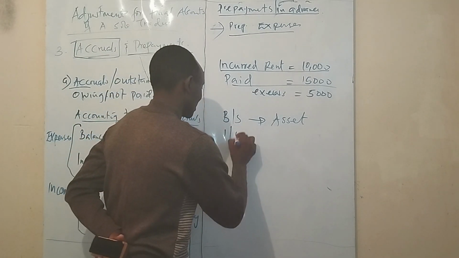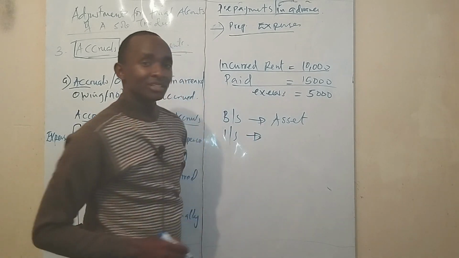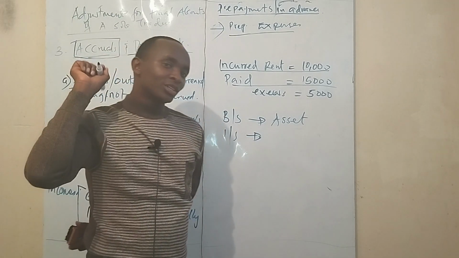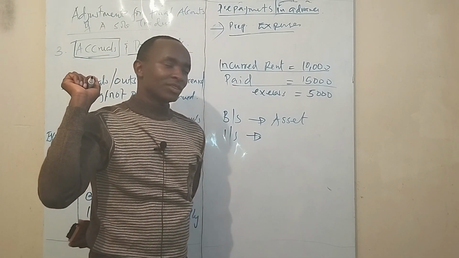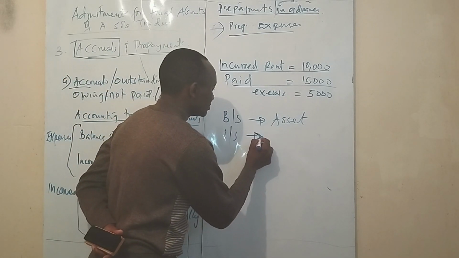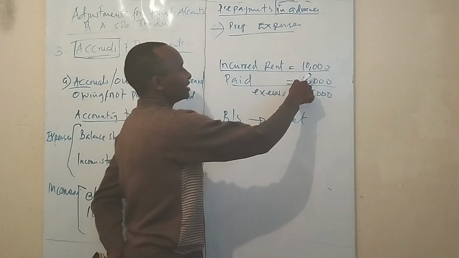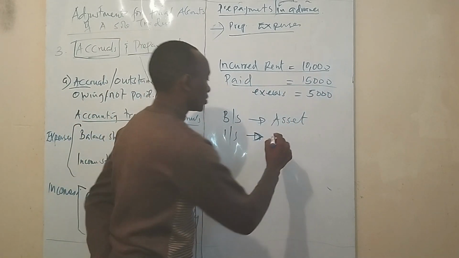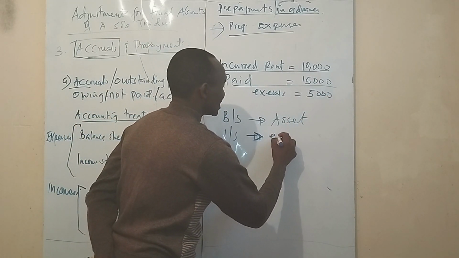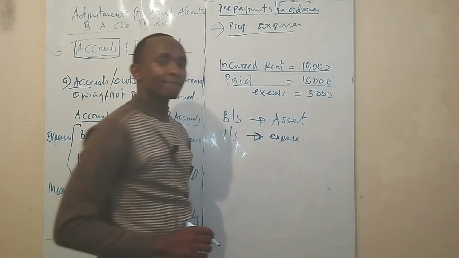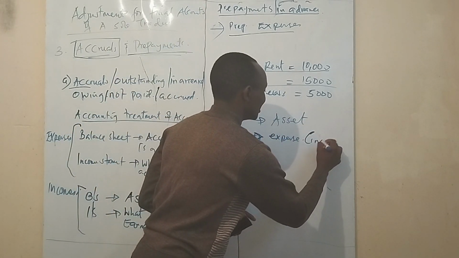And then in the income statement, what do you do? According to the definition of the accrual concept of accounting, in the income statement, you take what was actually incurred. We incurred 10,000, so you are going to take 10,000 as an expense. Yes, what was actually incurred.